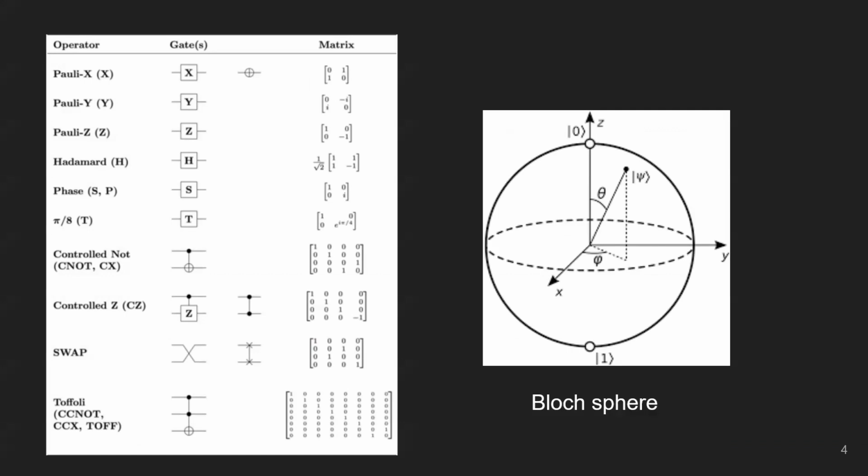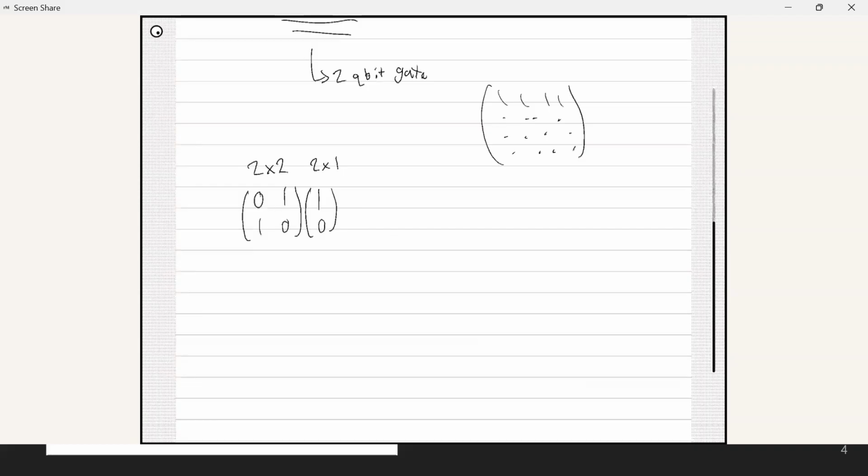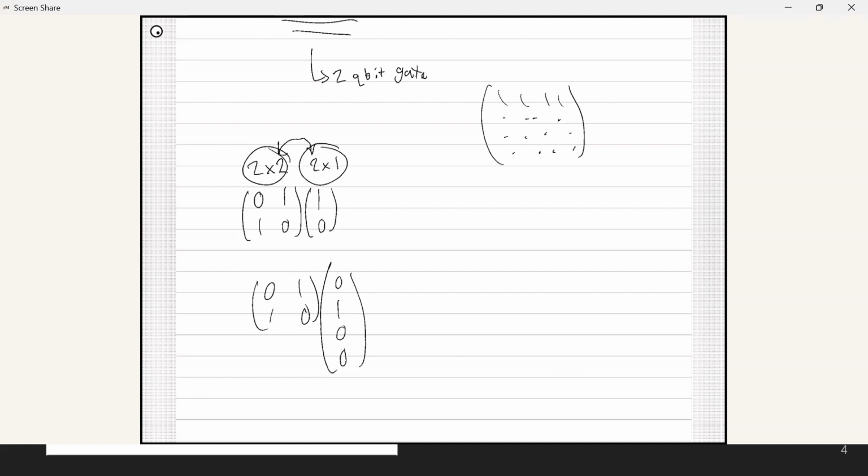Oh, okay. So yeah, it's a linear algebra rule. If you have a 2 by 2 matrix and a 2 by 1 vector, they're compatible if these two numbers are the same. So you can't have 2 by 2 and 4 by 1. That doesn't work.